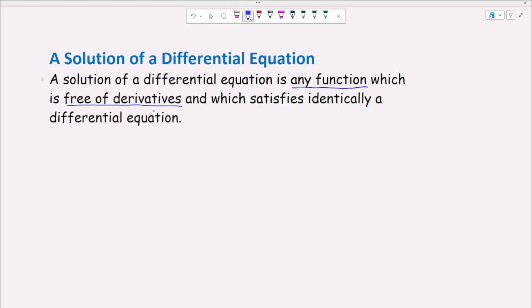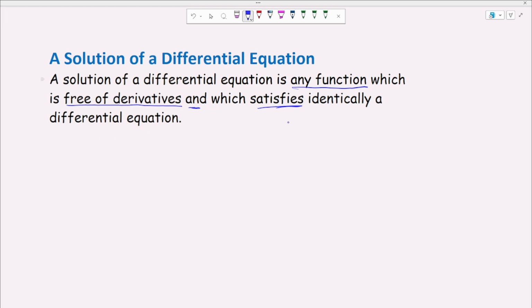If you find the answer, your answer should be free of derivatives and it must satisfy the differential equation. The "and" is very important. If it is free of derivatives but doesn't satisfy the differential equation, it is not a solution. It should satisfy the differential equation identically.